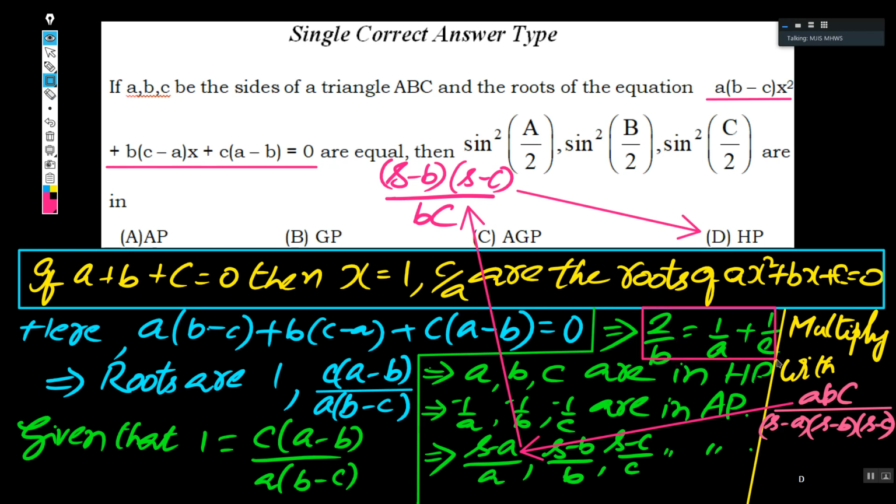A, B, C are in HP, please. So you can go for cross verification by taking A, B, C as 2, 4, 8. Just check it out.